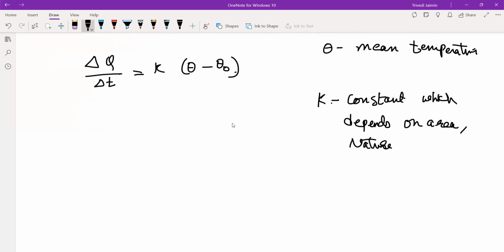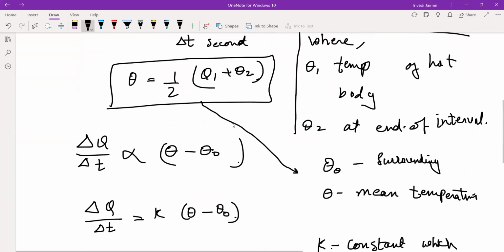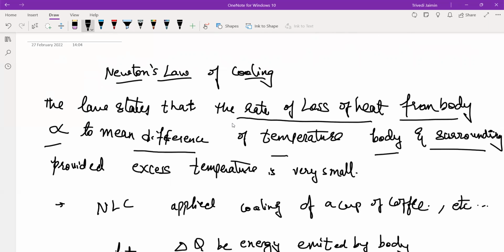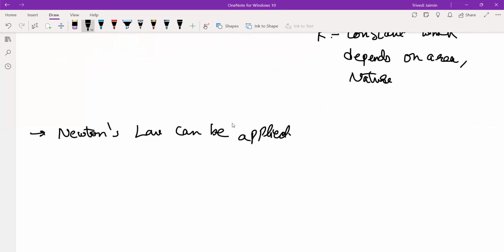Fine. So let's write some points about Newton's law. Newton's law can be applied. See, when they ask a question for explaining, we can write a statement and explain it with one more statement.